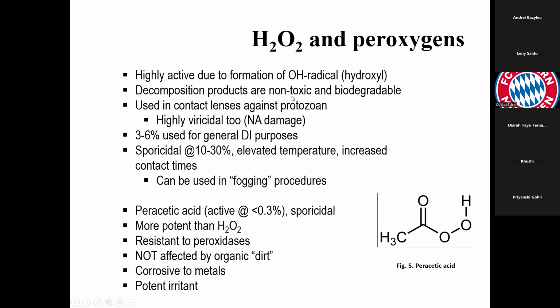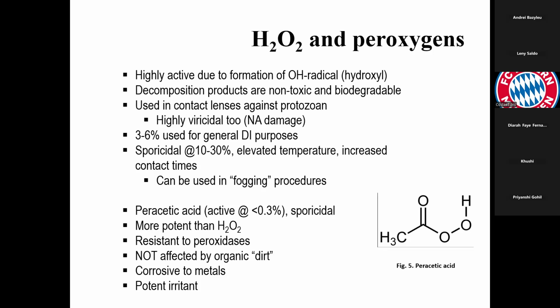The next class, the peroxygens, and a familiar, I'm sure, reagent to you, hydrogen peroxide, H2O2, commonly employed in households, obviously. They're pretty good disinfectants. Very similar mechanism of action, as I said earlier. So this is a recurrent theme to remember.